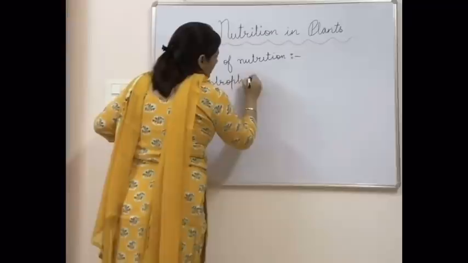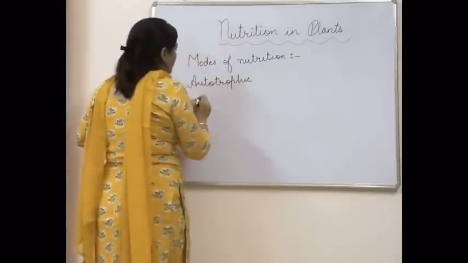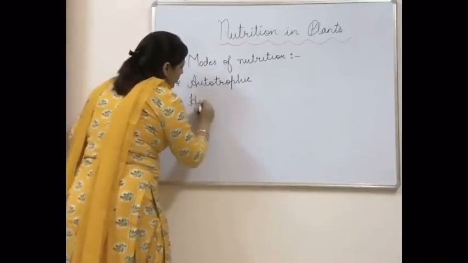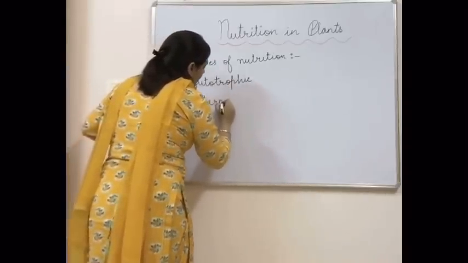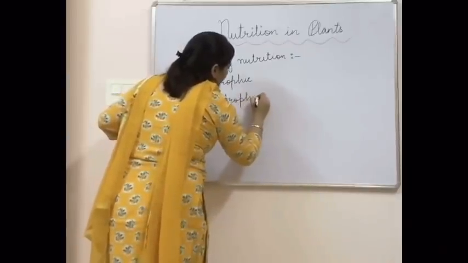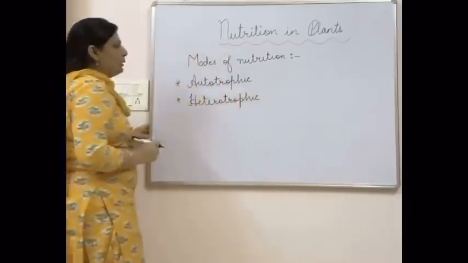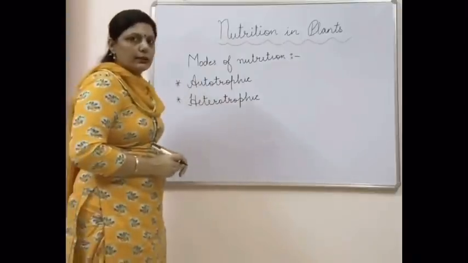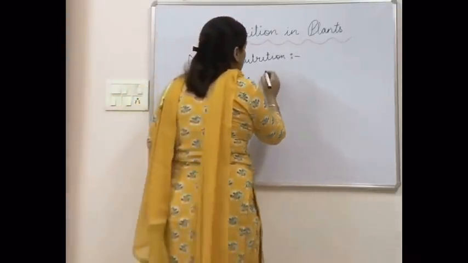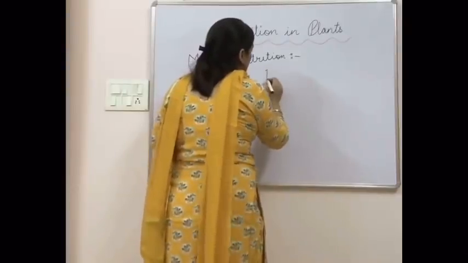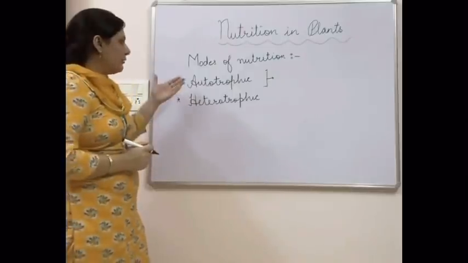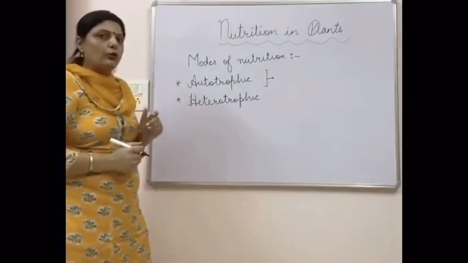The autotrophic mode of nutrition is shown by certain organisms, and then we have the heterotrophic mode of nutrition. These are the 2 main modes of nutrition which we are going to discuss in this chapter. Now, the autotrophic mode of nutrition is carried out by organisms which have the ability to produce their own food.